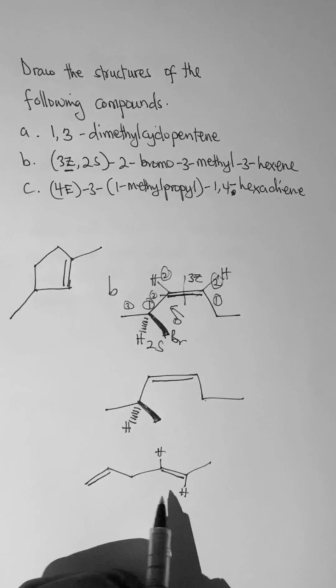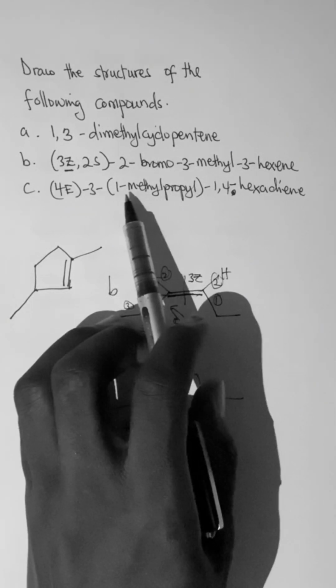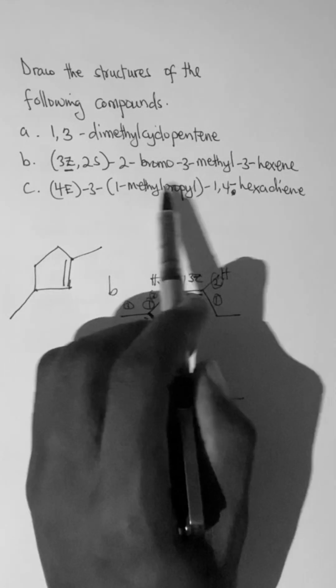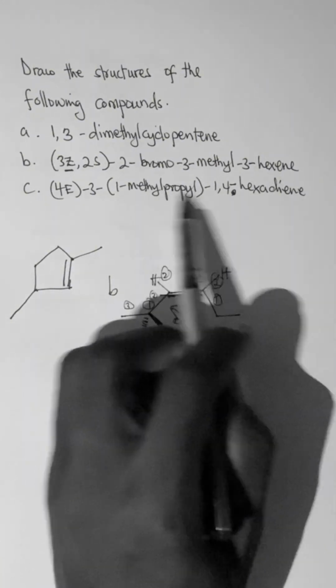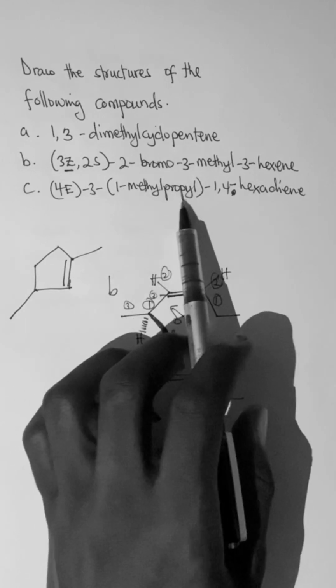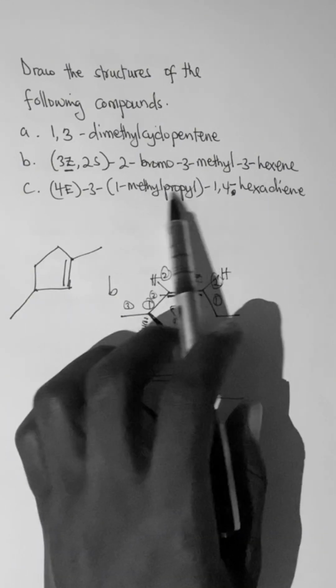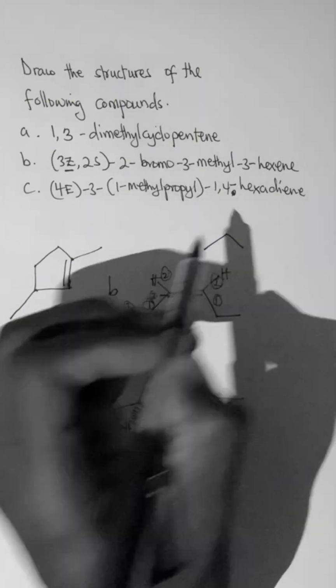Then we have on carbon number 3 a 1-methylpropyl. Anytime you see a name that has been put in brackets in the name of an organic molecule, know that that is a substituent on a substituent. Remember that this is a propyl.